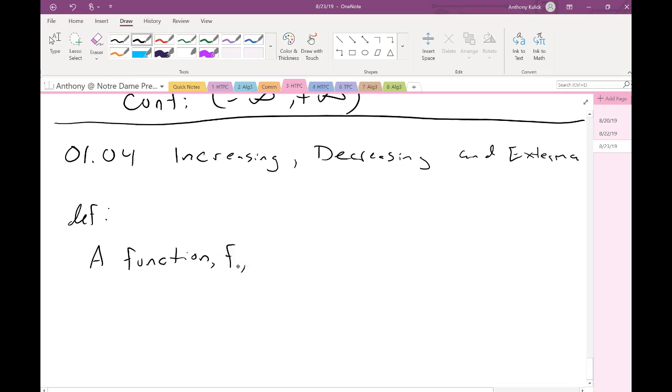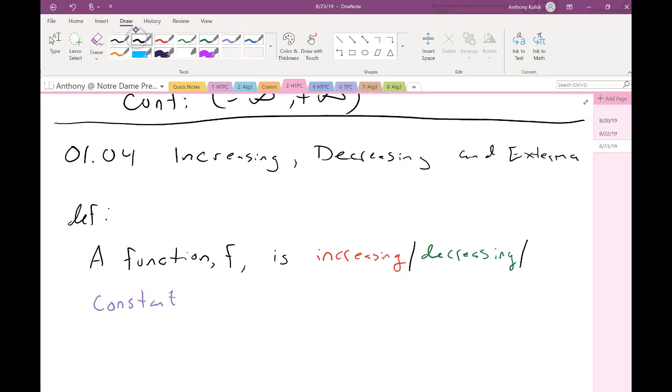So we say a function that we'll refer to as f is increasing. And I'm going to actually define 3 things inside of this definition. I'm just going to do a little bit of color coding so I don't have to write down all of these different definitions that are mostly the exact same words.